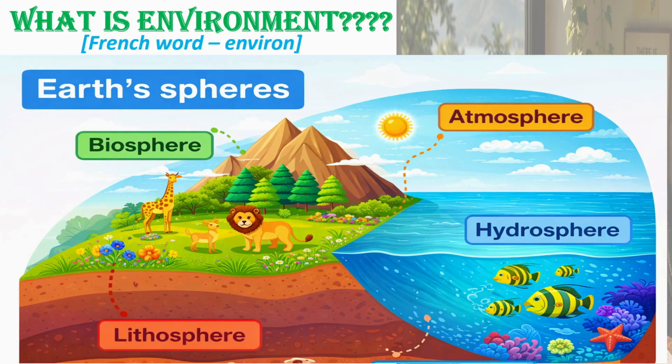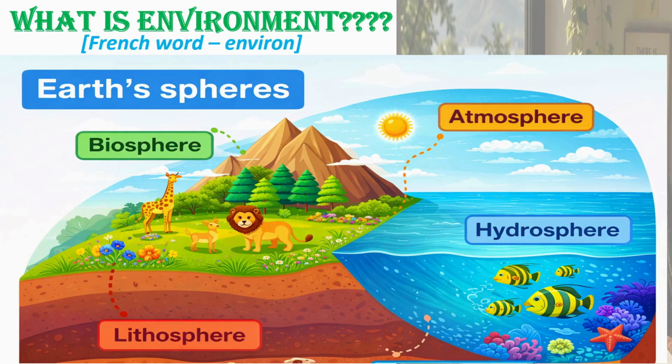If you take any cycle, carbon cycle, oxygen cycle, hydrological cycle, or any mineral or phosphorus cycle, this movement of materials is possible when all these four spheres are interconnected. So in nature, there is a movement of material around the spheres, which helps the growth and sustenance of living organisms on this earth.